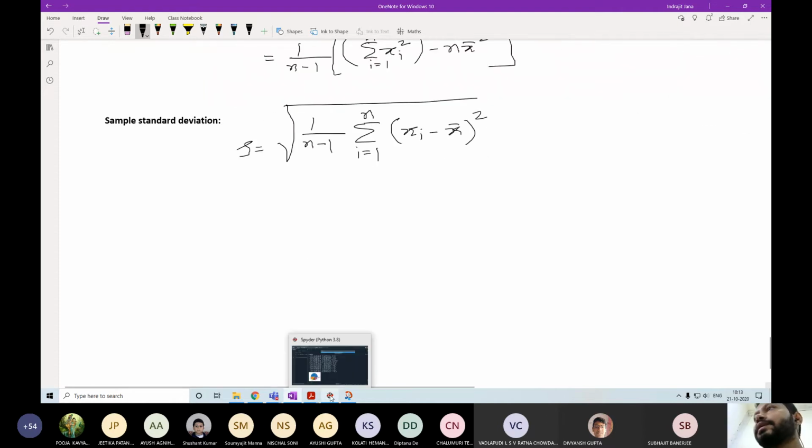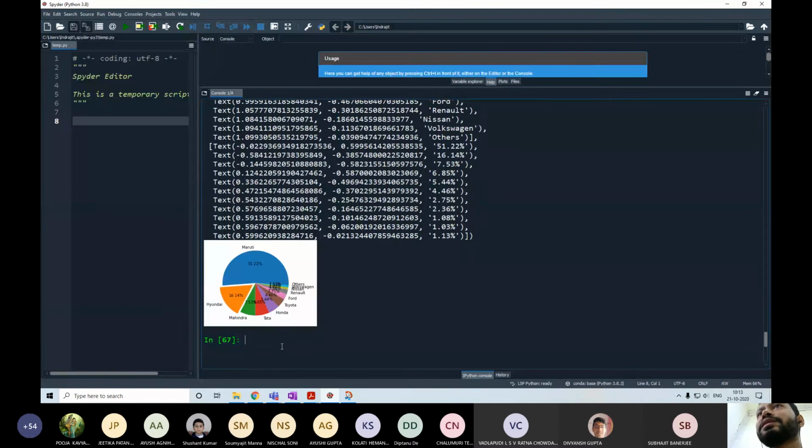Just for the sake of completeness, let me do that with some data. So let's create some normal distribution data points, say 62 data points.